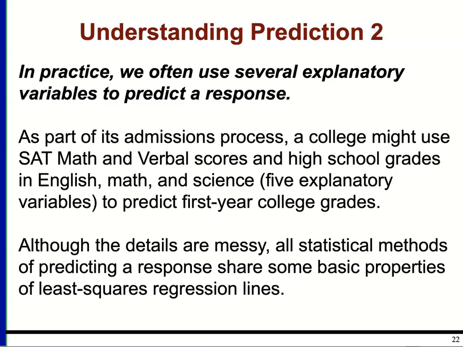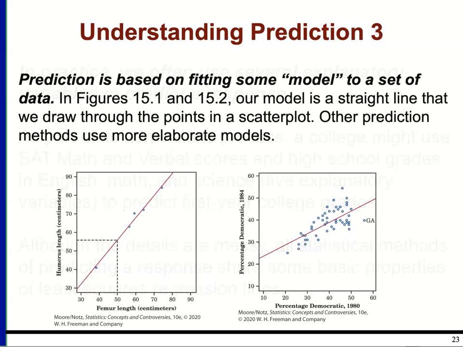So it's really kind of a messy process to do this, but all of these methods of predicting a response share the same basic properties as what we're doing just with the single least squares regression line. So by understanding how the single regression line works, it will all apply if you ever need to do one of these multiple variable regression lines.